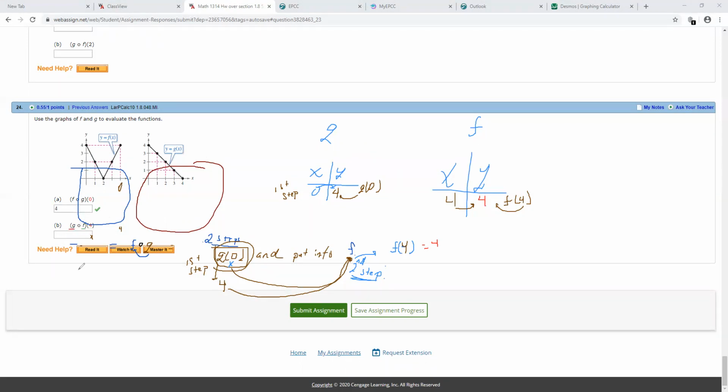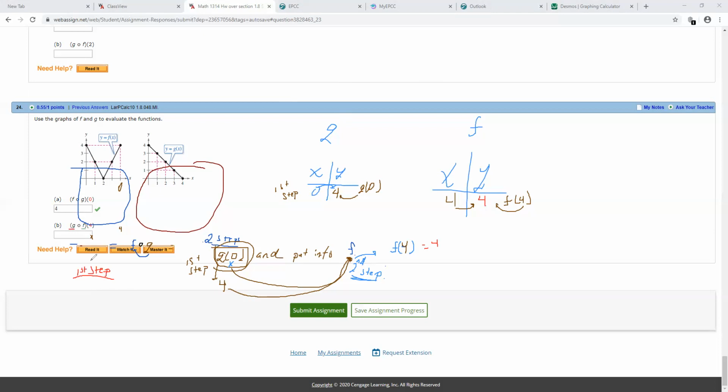So our first step is going to be, again, we don't have an equation, so we can't put F into the equation G. All we can do is put the point in that they want us to, and then look at the graphs to answer this.